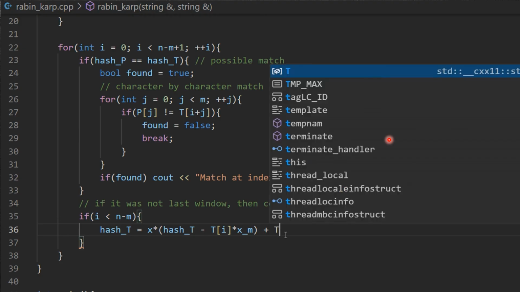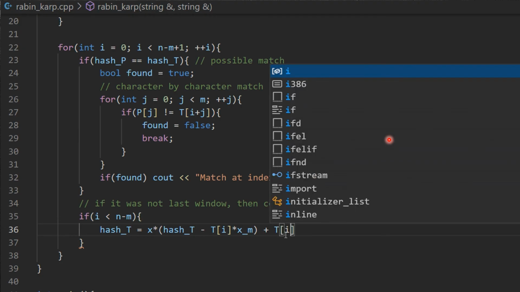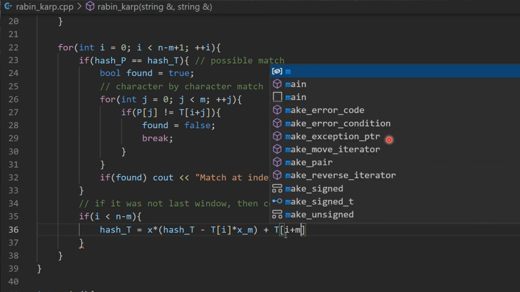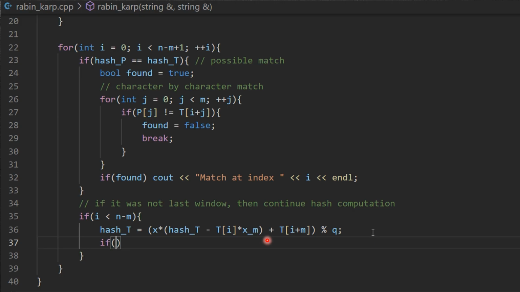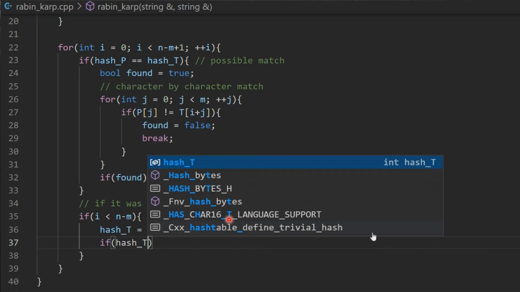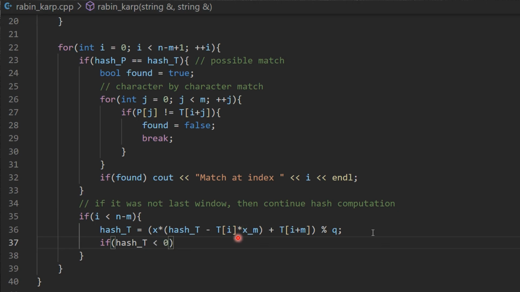Then we add the newly introduced character, which is t of I plus m, and then don't forget to take the modulo q at each step. And one thing you can notice is that this hash t minus t i multiplied by x raised to the power m minus 1 can be negative, because this x raised to the power m minus 1 can be a large quantity.